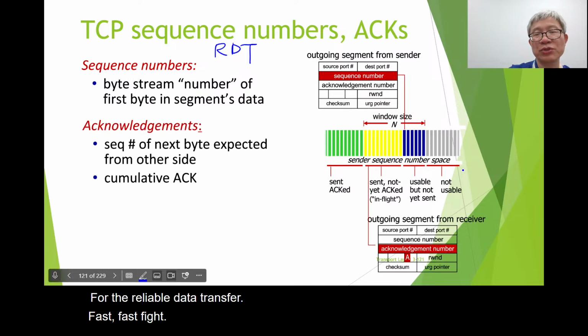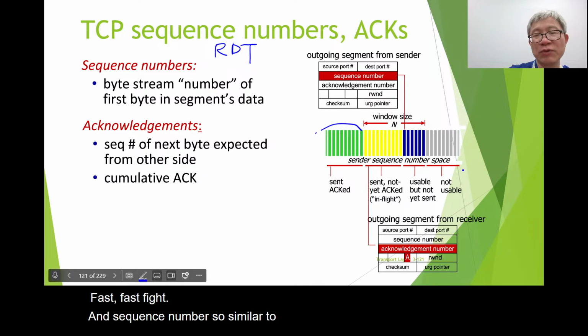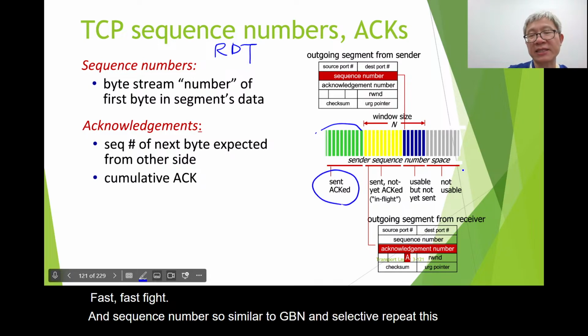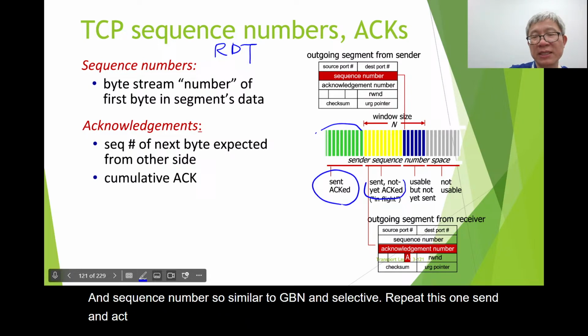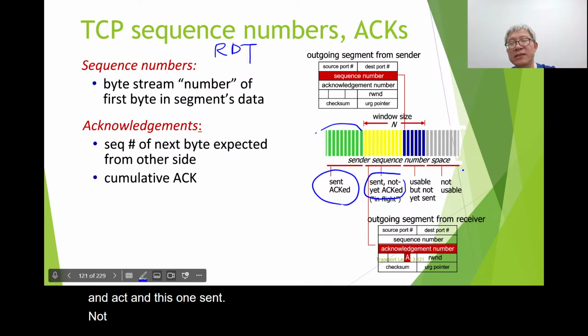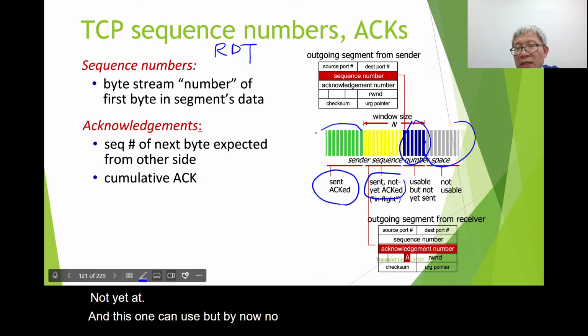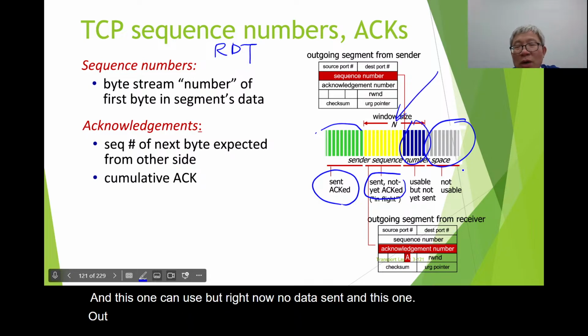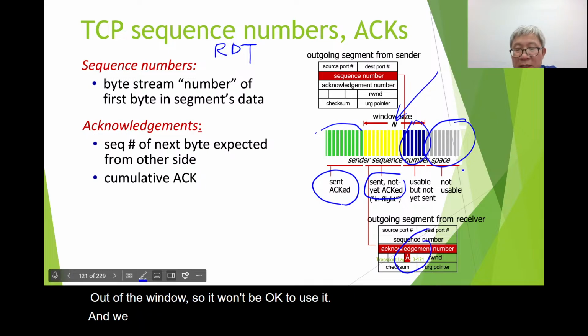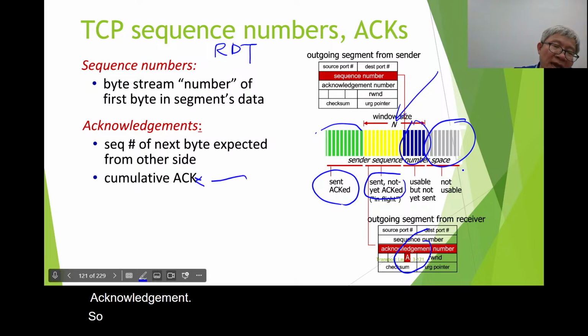Similar to GBN and selective repeat, this part is sent and ACKed, this part is sent but not yet ACKed, this part can be used but right now no data is sent, and this part is out of the window, so it won't be okay to use it. And for acknowledgement we use cumulative ACK similar to GBN.